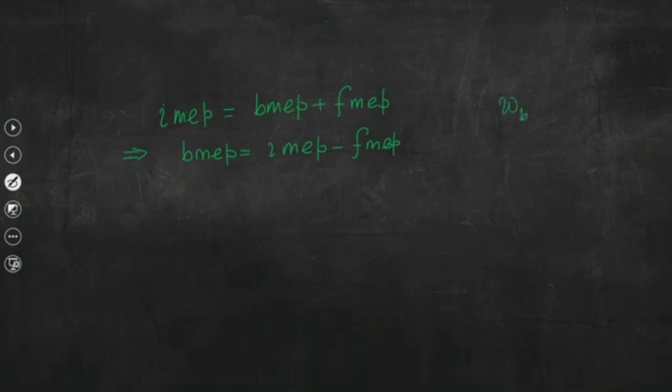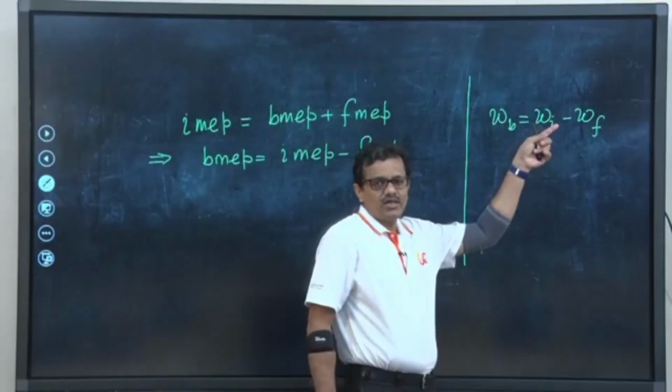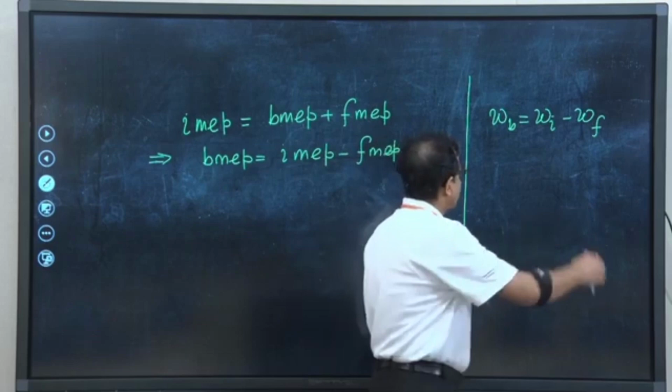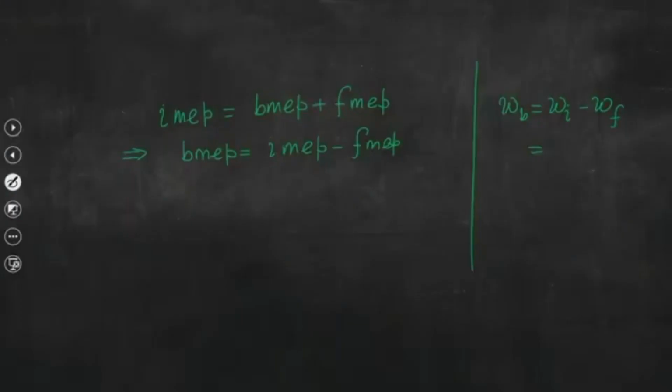W brake equal to W indicated minus W friction, and from there we could write that this quantity Wb is less than Wi, but we really do not know by what amount.